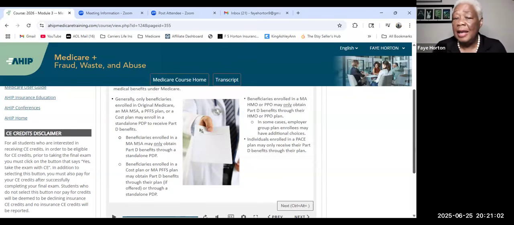Beneficiaries enrolled in an HMO or a PPO may only obtain Part D benefits through the HMO or the PPO plan. In some cases, employer group plan enrollees may have additional choices. Individuals enrolled in a PACE plan may only receive their Part D benefits through their plan.